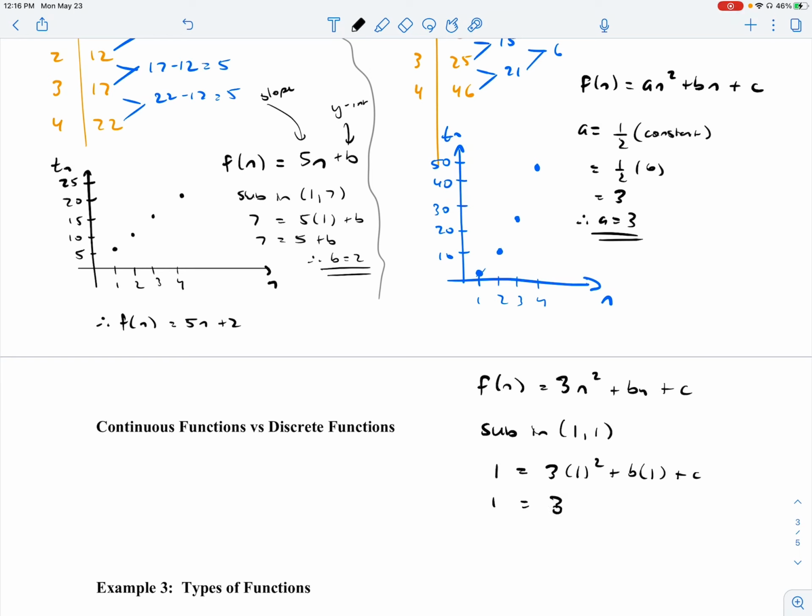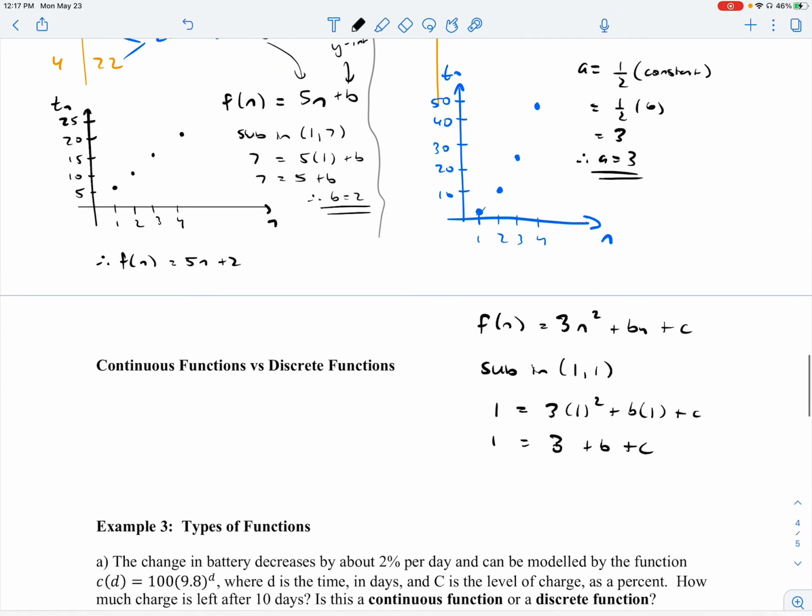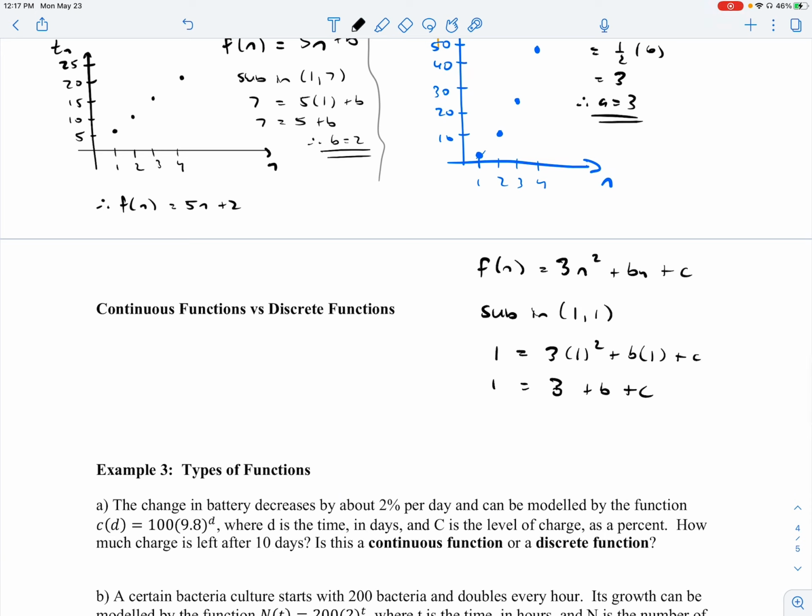So we have 1 equals 3 plus b plus c. This gives us an equation. I'm going to call it 1. What we'll do here is clean this up a little bit. Subtract 3 from both sides, cancel that out, so we'll have negative 2 equals b plus c. I'm going to call this equation A.